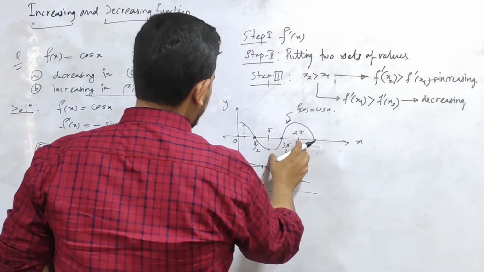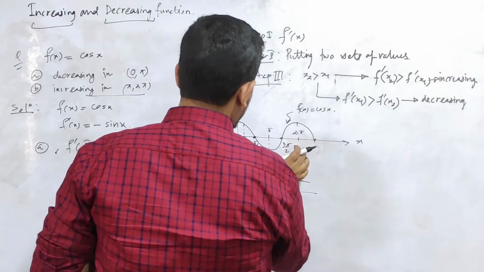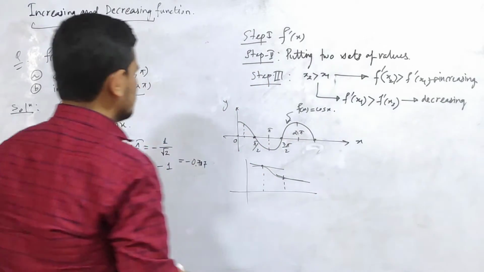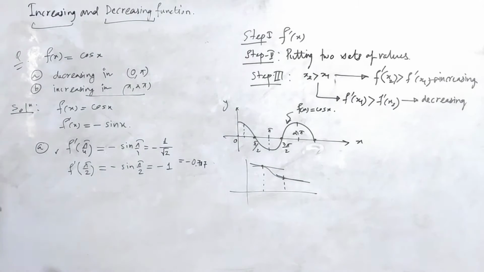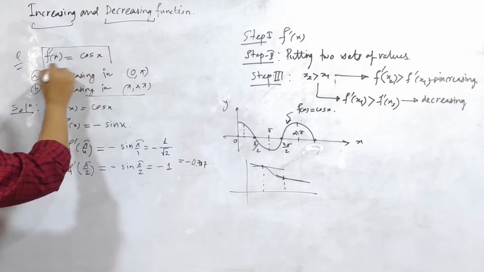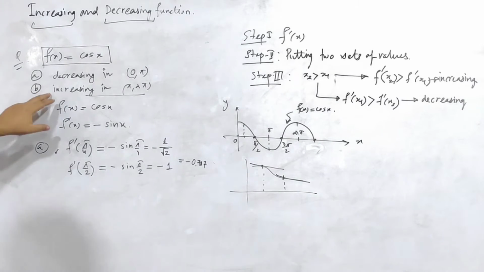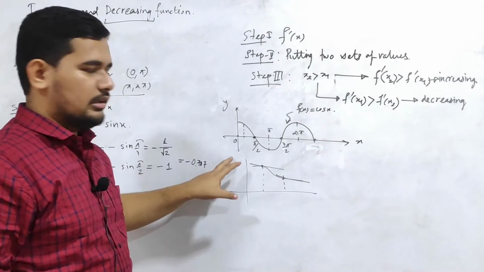From this diagram also you can see that from pi to twice pi, this function is increasing. The basic thing is that when you are given some basic functions like cos x, sin x, tan x or something of that sort, then you can always find out the increasing and decreasing nature with the help of the graph also.